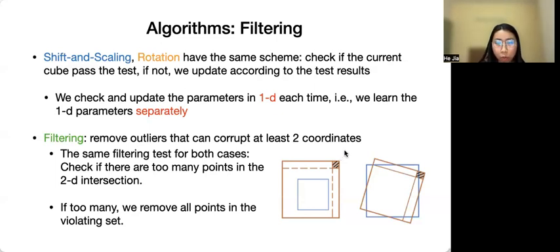So it's safe to remove all the points here. And same for the rotation case. We also check the intersection of all the boundary slabs. By this step, we make sure that we can learn and update our parameters separately in 1D.